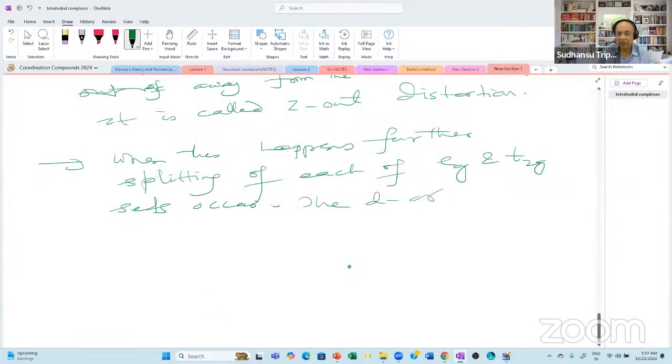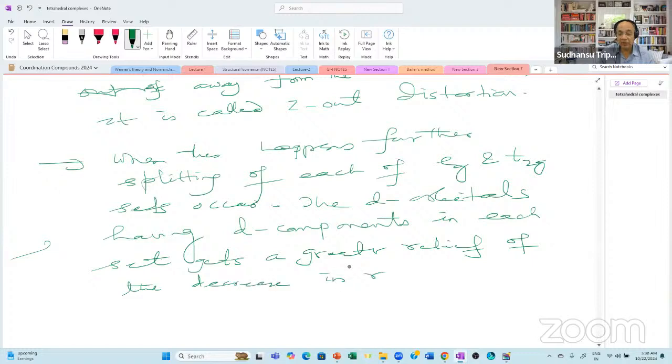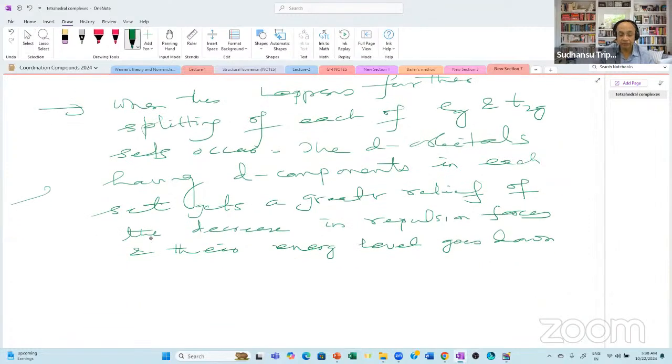The d orbital components in each set get a greater relief, a decrease in repulsion force, and their energy level goes down, relative to the other having no Z component.